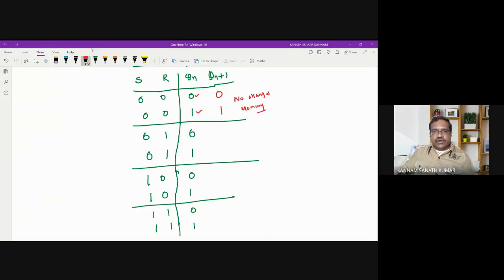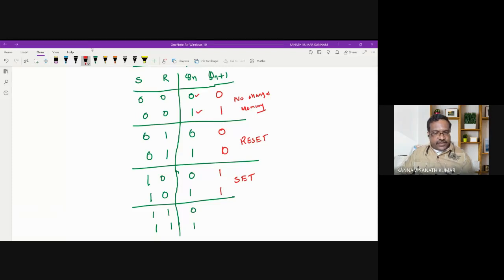That means whatever the previous output was, that will be saved; those are the present state. When S equal to 0 and R equal to 1, you get the reset state. And when S equal to 1 and R equal to 0, you get the set state.